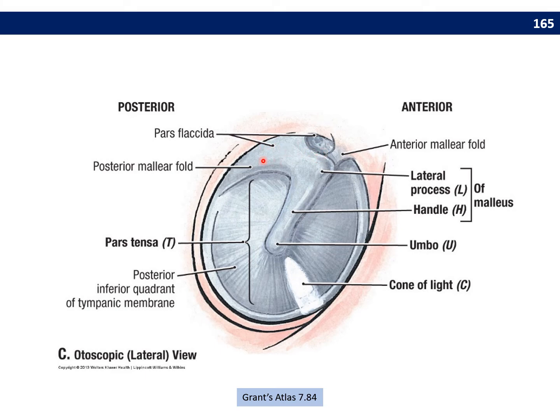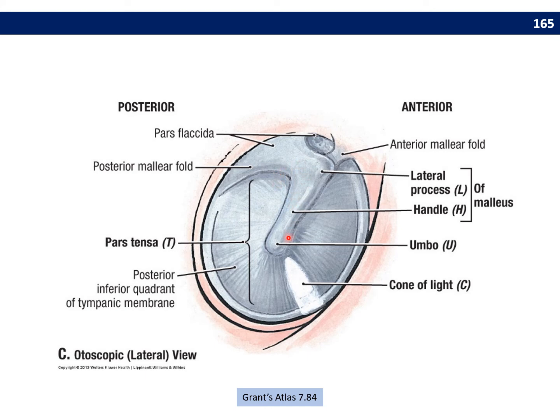You can see the knob or umbo, as well as the handle, the lateral process, and the folds of the pars flaccida as the malleus projects onto the tympanic membrane, making this impression.